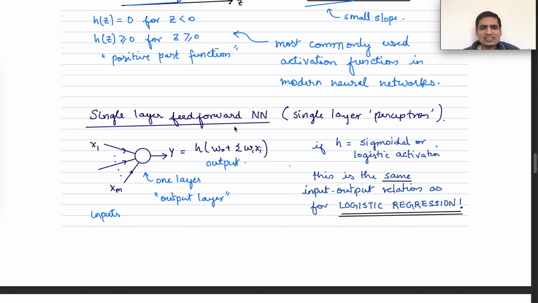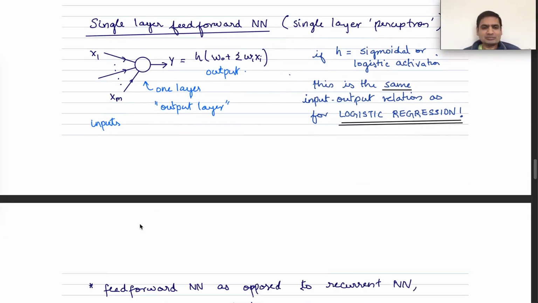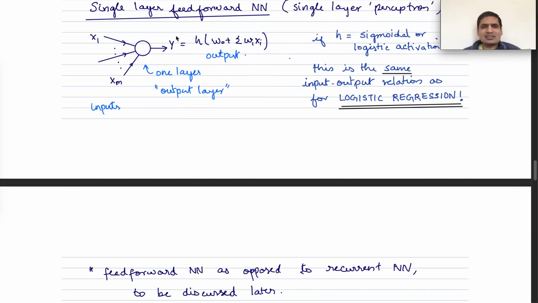Of course, a single layer feed-forward neural network can also have multiple neurons, where these inputs also go to another neuron, and so on. Each of the neurons will give you a different output if the weights are different. So this is a single layer neural network with just one output, but you can imagine versions with many outputs. It's called feed-forward neural networks because the signals keep going forward along the network.